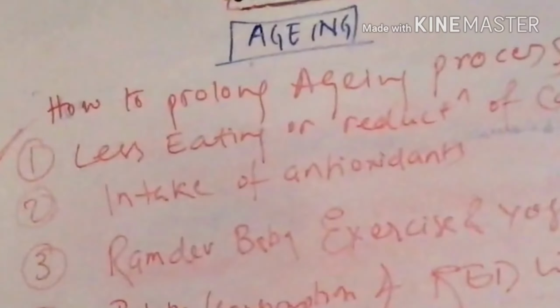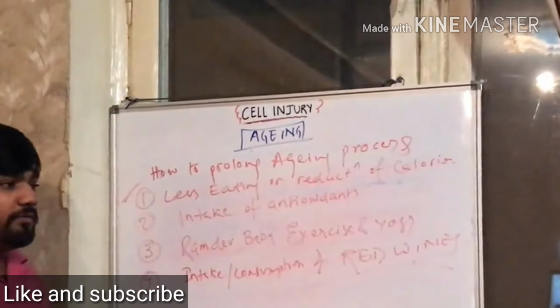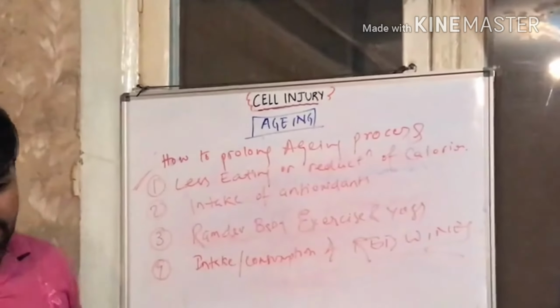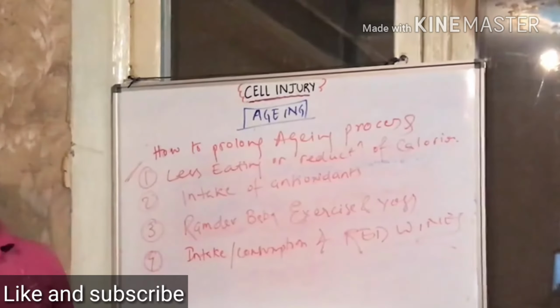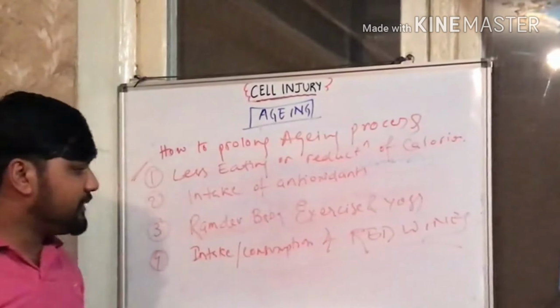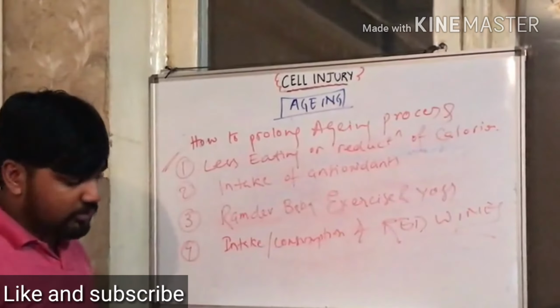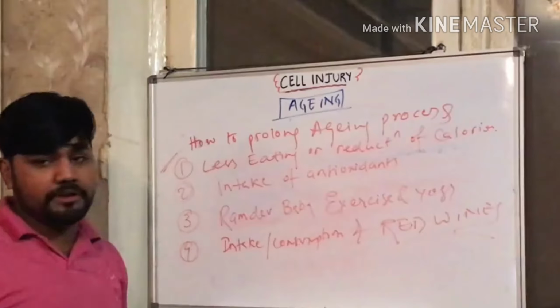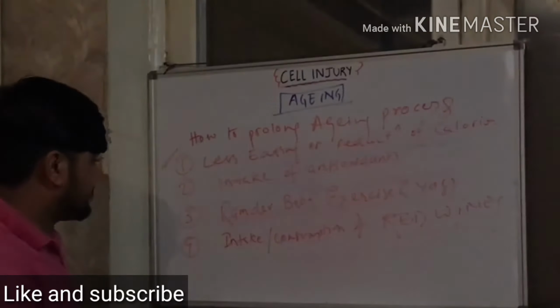Red wine is good for heart and it is also good for liver. Liver is an organ of detoxification, so it removes all the toxins from our body. If we preserve our liver, and it works better, then we can prolong our aging process. So consumption of red wine can also prolong the aging process.